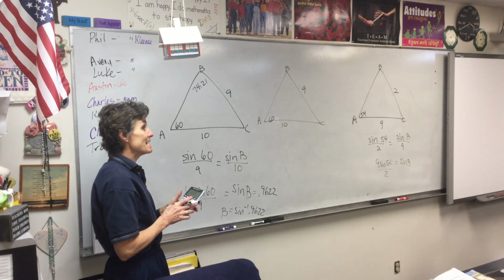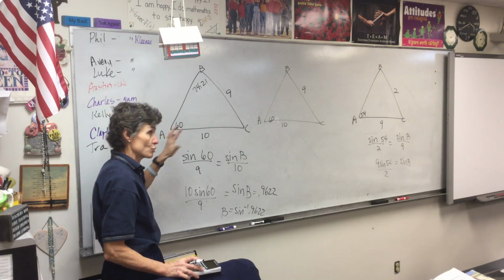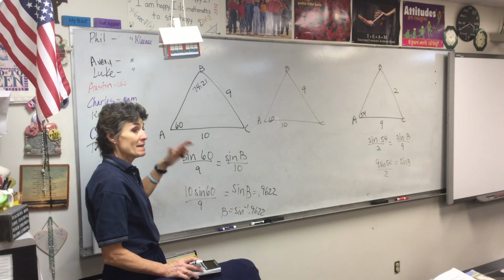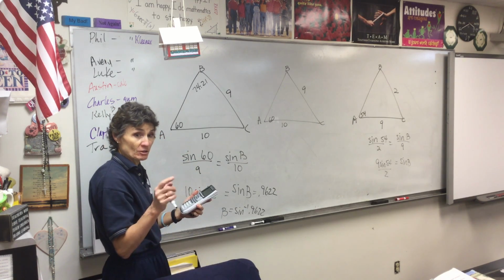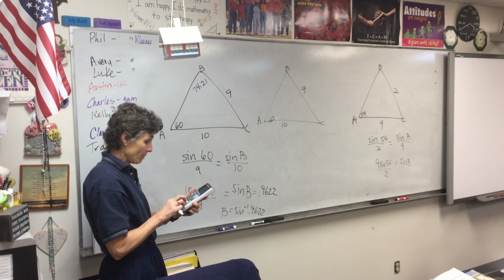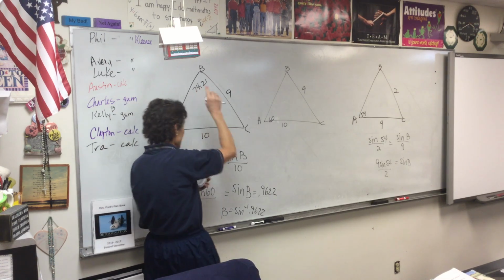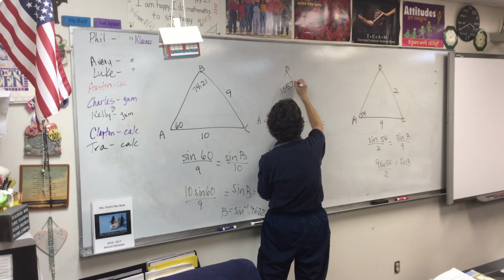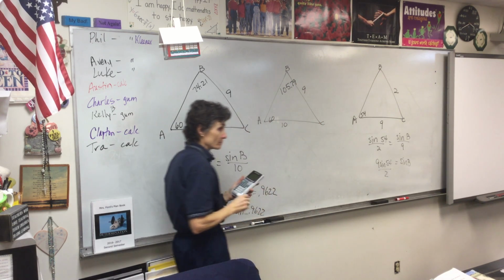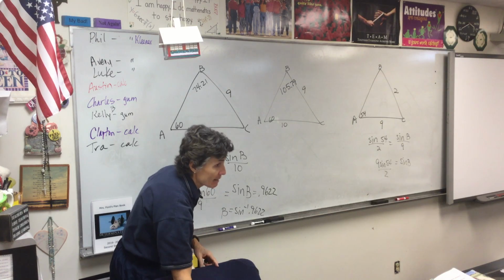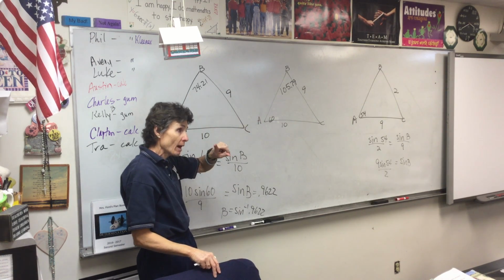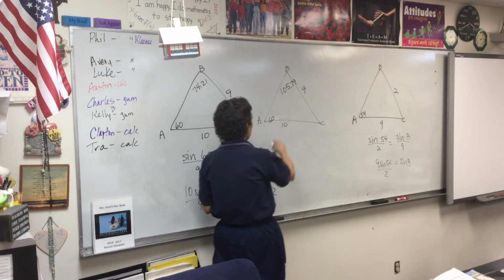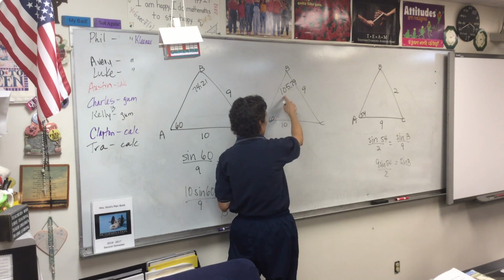Now, immediately, this was not one of those no answer ones. I got an answer, right? So immediately, I'm going to see if there's a second answer. The second possibility would be 180 minus that one, which is 105.79. Then I look at that and say, is it possible to have a 60 and a 105?